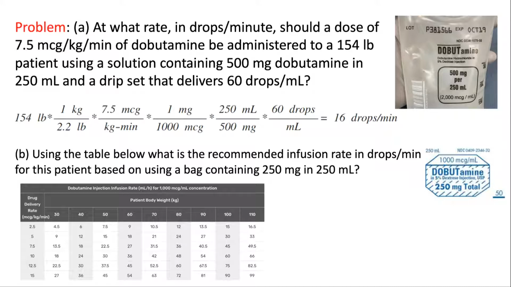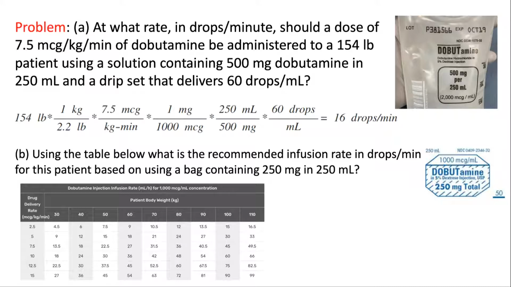So let's look on the far left and go down the rows for the drug delivery rate is expressed in micrograms per kilogram per minute. So if we look back at our question, the dosing rate we had was 7.5 micrograms per kilogram per minute. Okay, so we would go down to the 7.5 and then go across to find the dosing that we need for this patient.